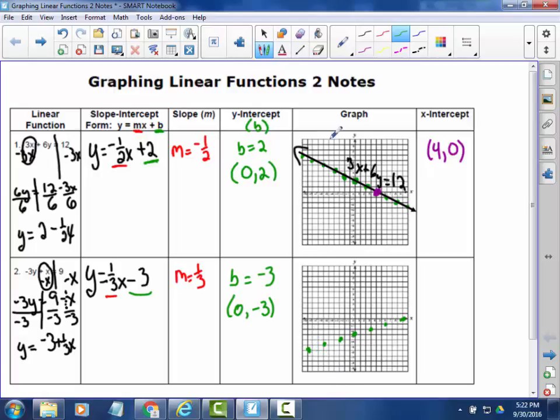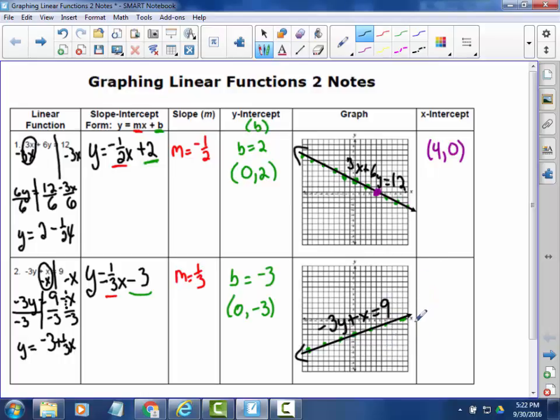Okay. Get my straight edge. My arrow, and this is the line negative 3y plus x equals 9.